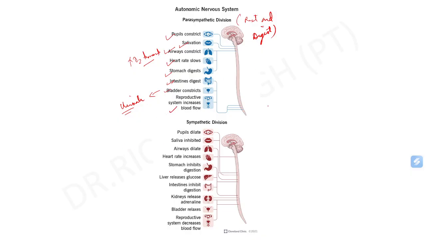But in contrast to this, if you develop a fear, fight, and flight response, you may need to keep your pupils dilated in a state of maximum awareness. Saliva is inhibited. Airways become dilated because your oxygen demand increases. Heart rate increases. The stomach inhibits digestion.